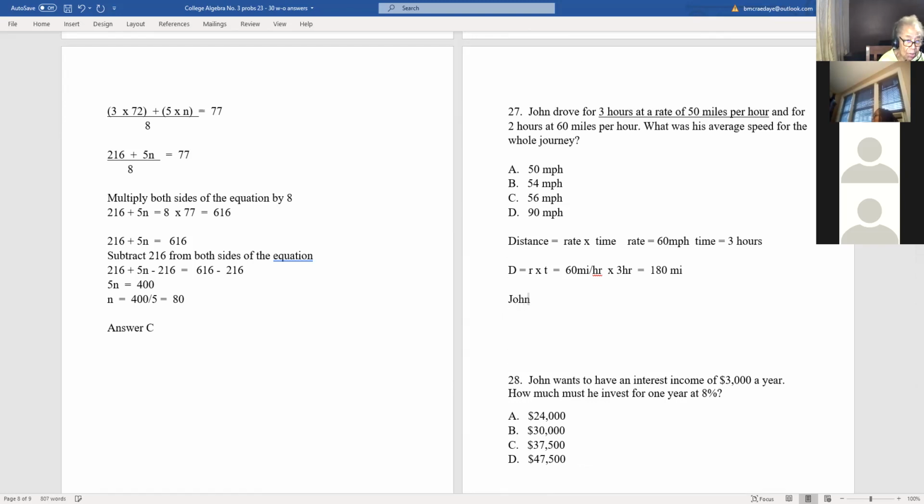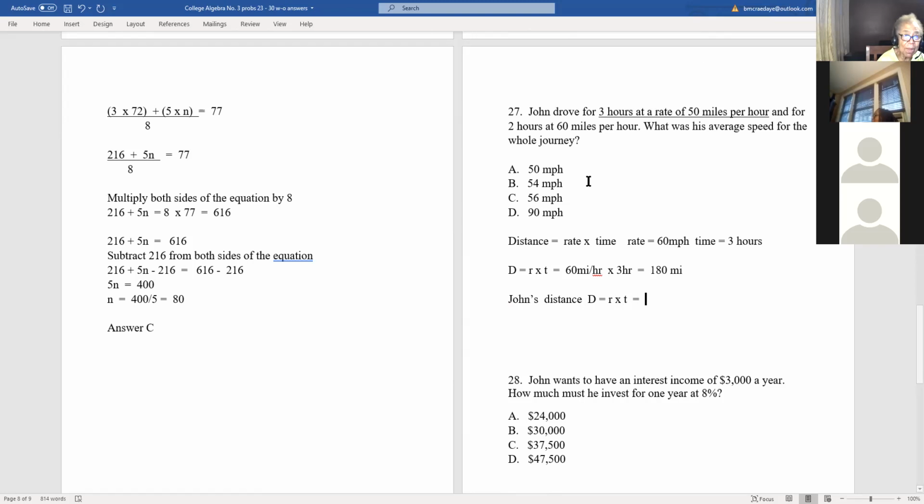John, okay, so John's distance, and that's the same formula I just used, D equals R times T. So what you put, Chastity, is 50 miles per hour.